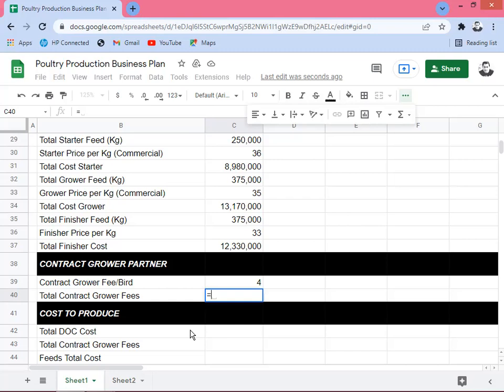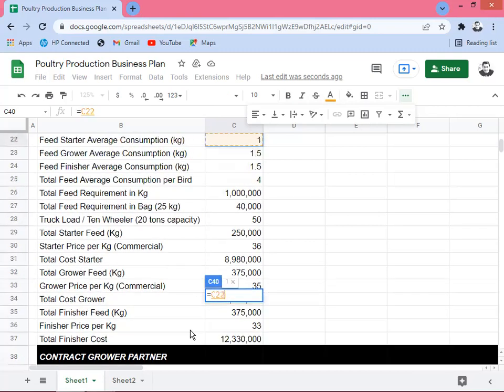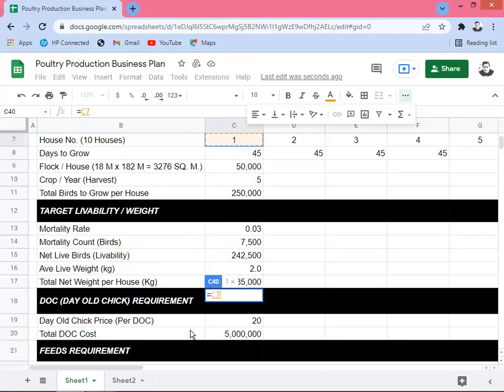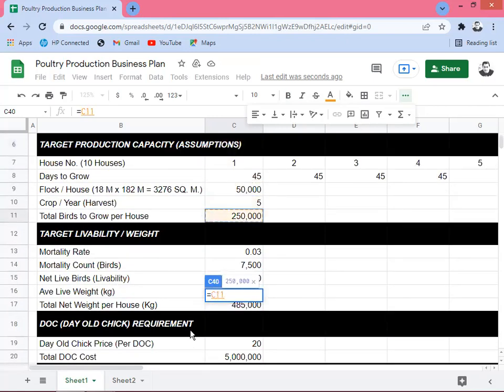What I'm going to do is get the gross, which would be 250,000 total birds to grow per house. But I'm not going to pay for 250,000 because there is also mortality. So I'm going to get the net, which is 242,500.